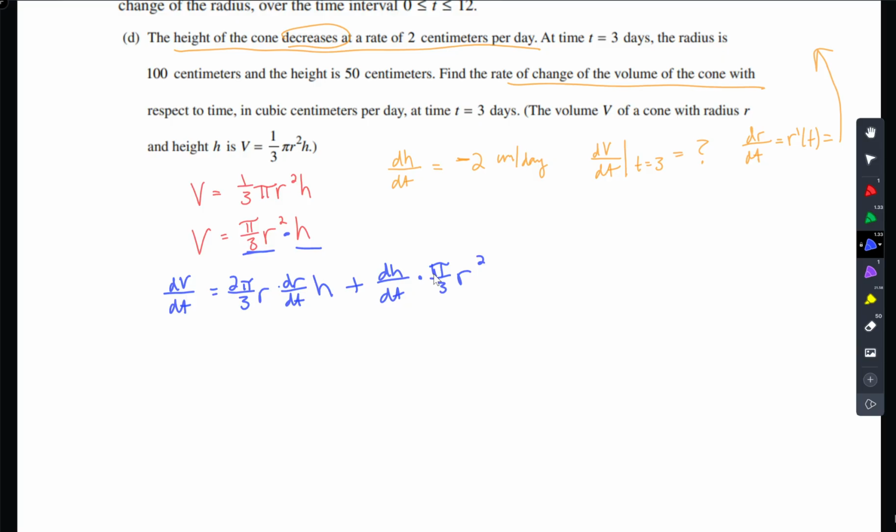So dV/dt is the mystery, so I'm going to keep that as a variable. And then 2 pi over 3 r. What's the r? They gave me time. Read the question: at time equals 3 days. 100.